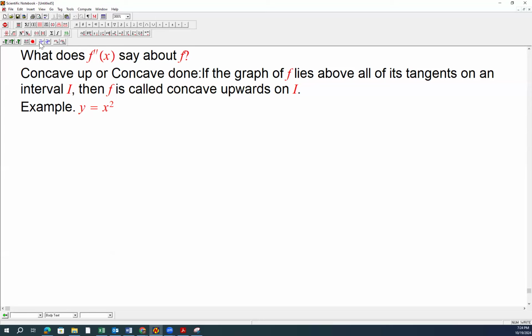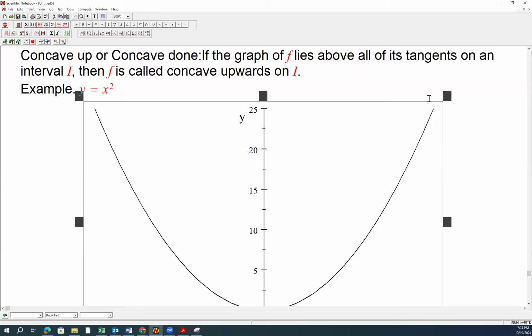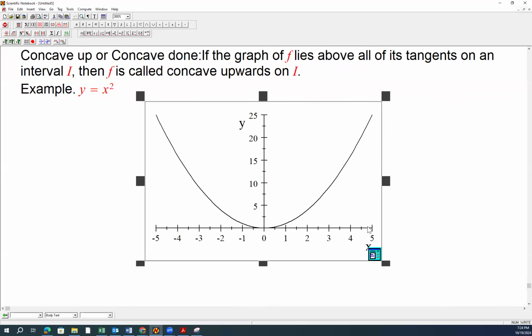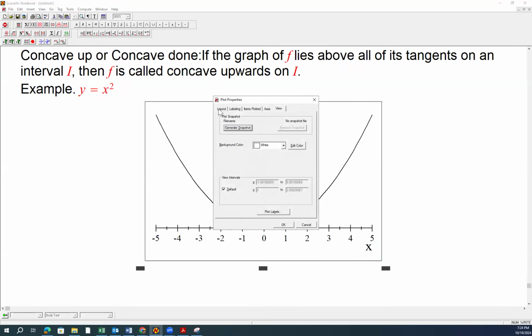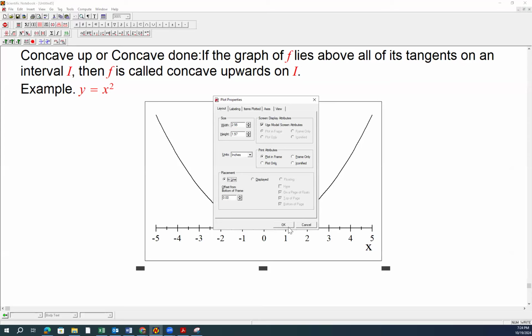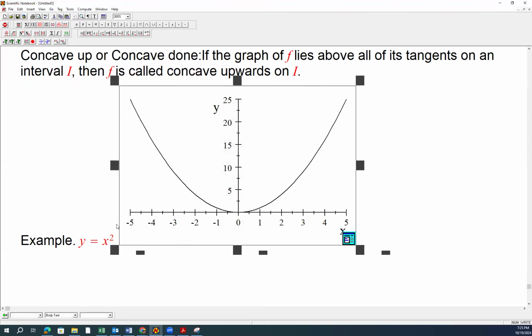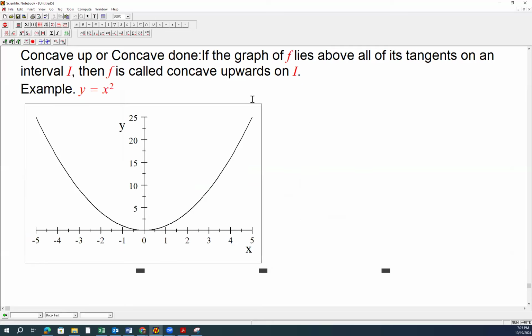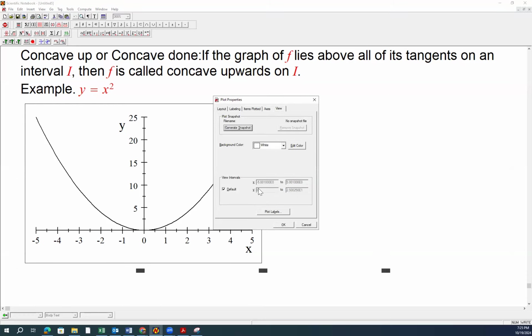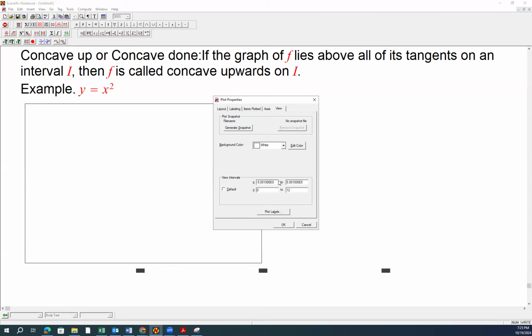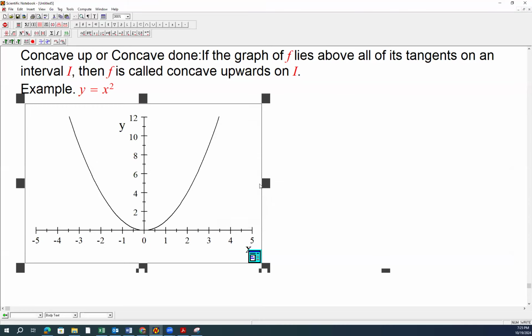We're going to graph it. It's a parabola. We're going to draw some tangent lines at different points. Let me make a little adjustment to the picture. All right, so this is the curve.